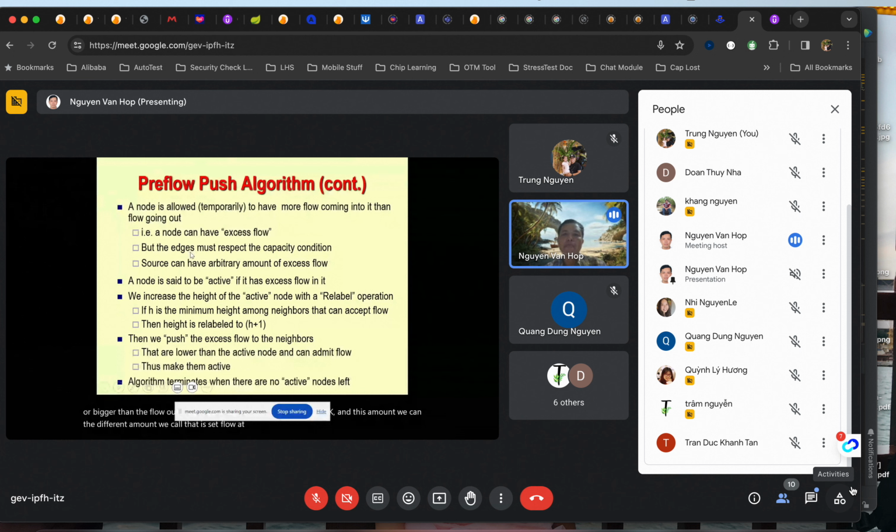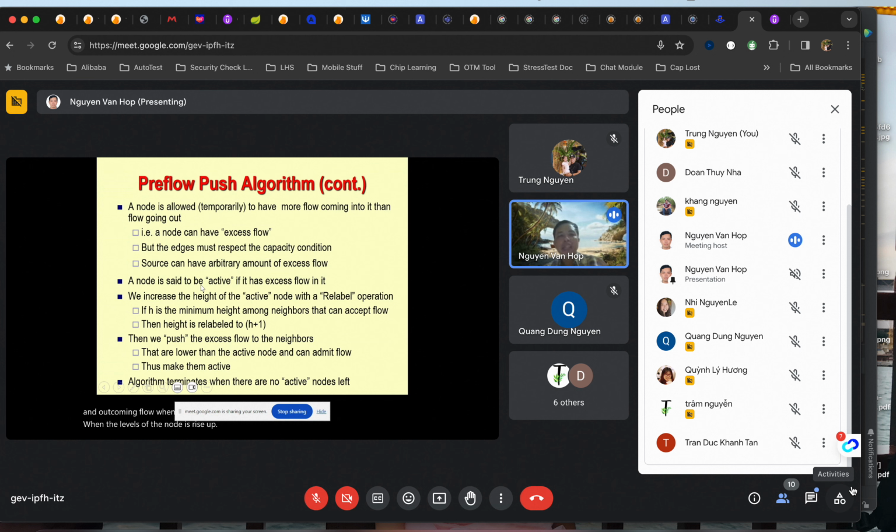But it must respect the capacity condition. We can set the flow, but the flow inside each arc cannot be bigger than the capacity of the arc. The source has an arbitrary amount of excess flow, which can be any value, but at each other node the excess flow is the difference of incoming flow and outgoing flow when the level of the node is raised up.